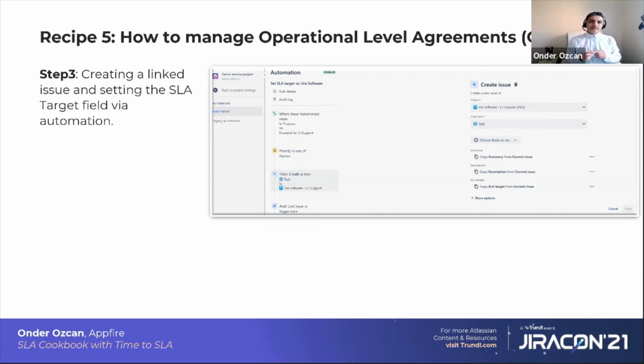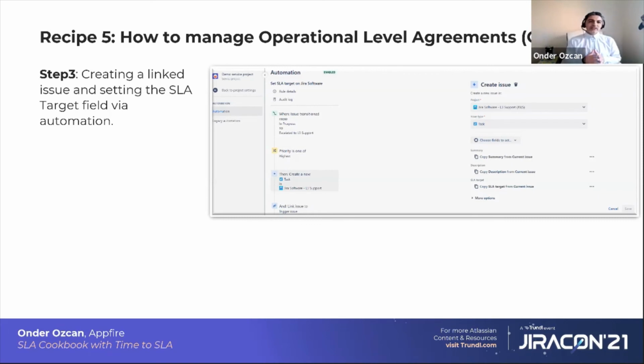Because if we copy that SLA target from the main one, that's pretty much it. By doing that, we are able to enforce the Jira Software issues by using the JSM one.